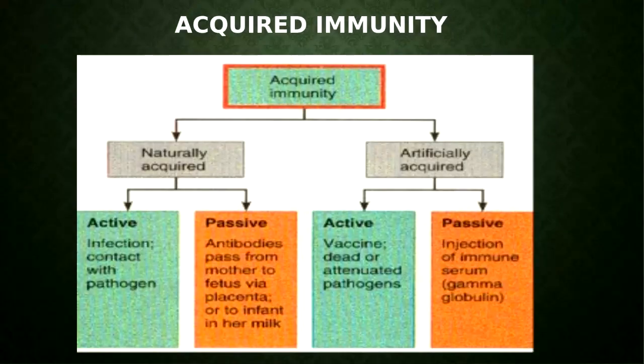So you need to know the difference between your passive immunities, your active immunities, and those examples of naturally acquired and artificial. You need to know the difference between those immunities.